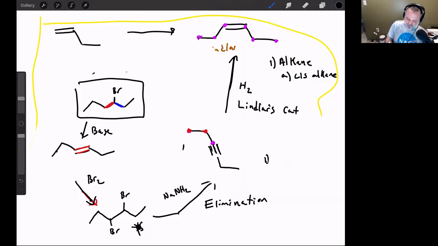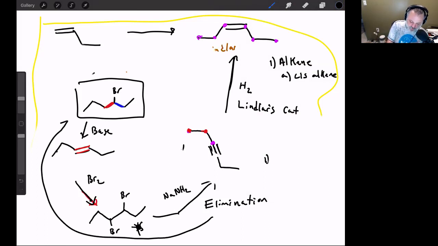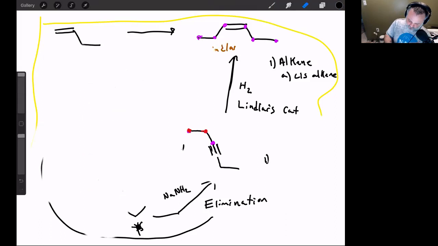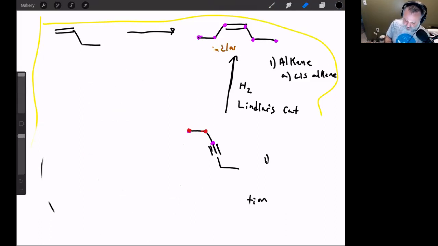So we would say, all right, this isn't the way to go. Let's start this one over and get back to this alkyne. It must not have been elimination to form the alkyne. It must have been carbon-carbon bond formation, going back down the original path, which got us to the right answer.